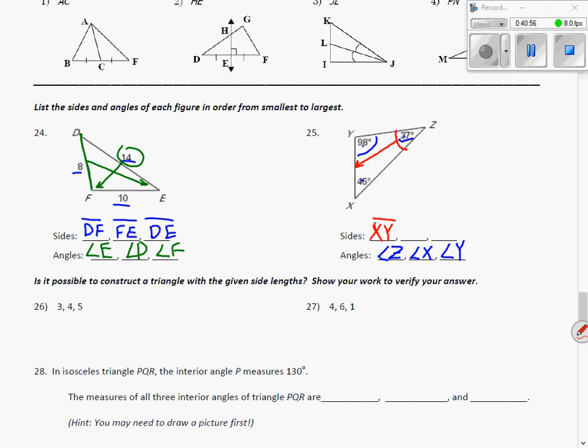If angle Y is the biggest, the side opposite that, ZX, is the longest. Who did I leave out? Z.